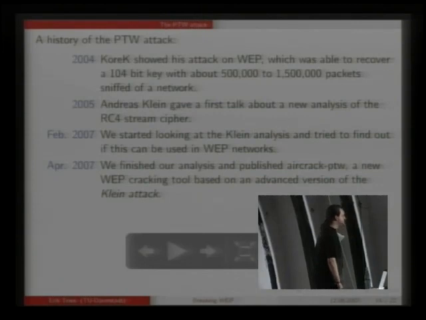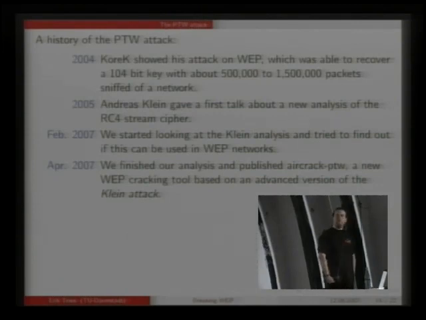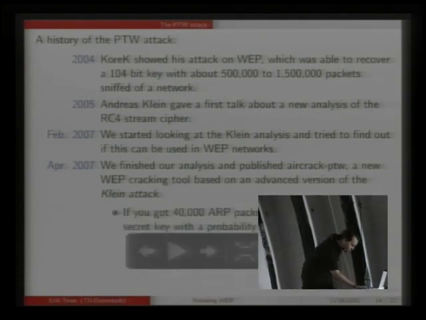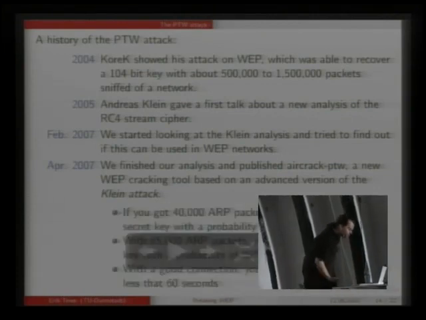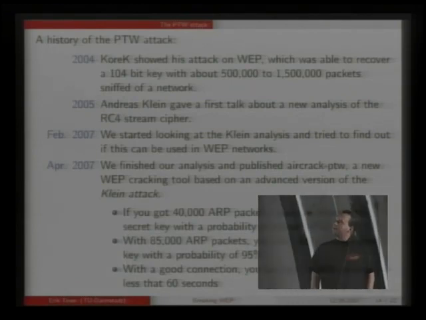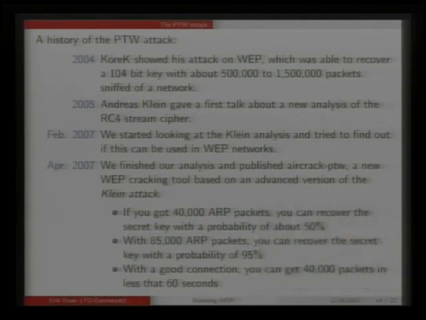Last attack I got will be the PTW attack. Basically, what happened was in 2004, the best attack on WEP was the Korek attack, which allowed you to discover the secret key with about 500,000 packets sent and received.